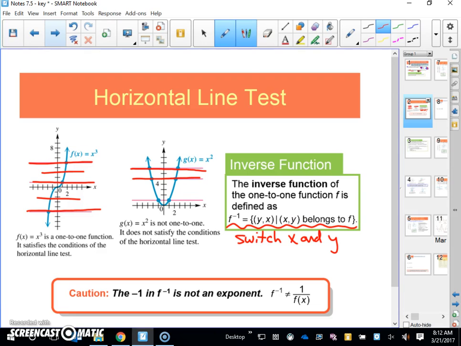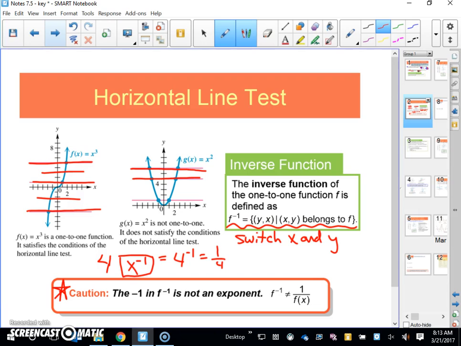So, a word of caution, the -1 is not an exponent. It gets confusing because your calculator has a button like this. Generally what that does is if you hit the number 4 and you hit that button on your calculator, it just means 4 to the -1st power, which flips it.